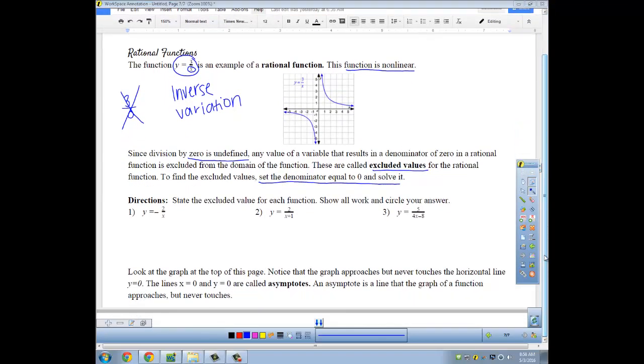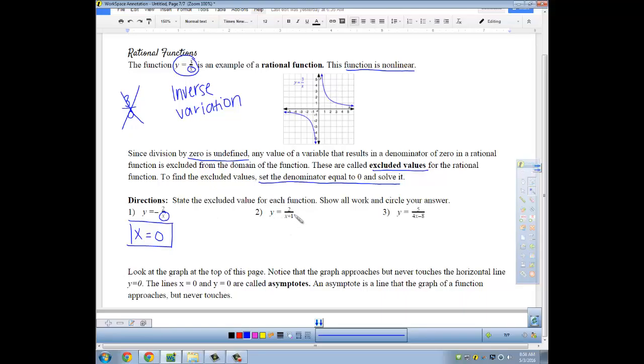So the first 3 questions, that's all we're doing. So I'm going to take my denominator, which was x, and put it equal to 0. Now there's nothing to solve there, so this is my answer. So in this case, x can't equal 0, which means I can't do x equals 0 on my graph.